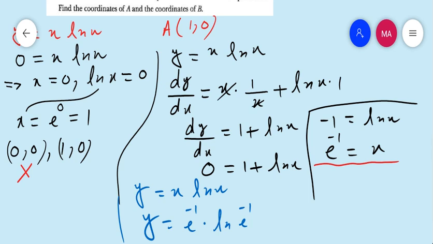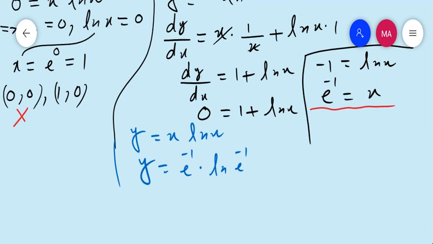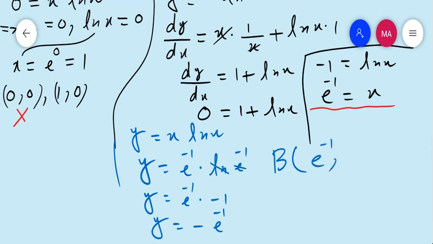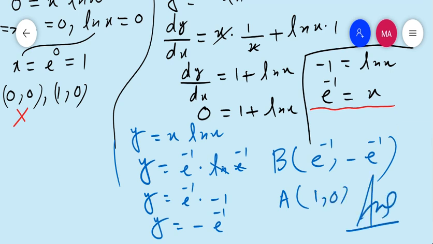Next, y equals e to the power minus 1, ln and e cancel, only minus 1. So y equals minus e to the power minus 1. Hence, the coordinates of B are x is e to the power minus 1 and y is minus e to the power minus 1. And we have already found the coordinates of A as well, which is 1, 0. This is our final answer.